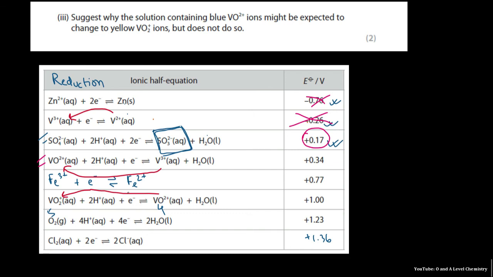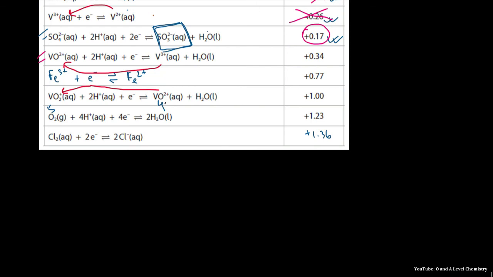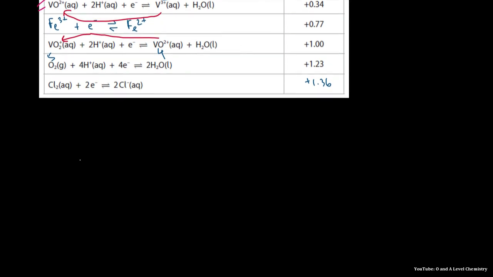Why is it expected to change? We can see. For V4 plus becoming V5 plus, let us write the equation. The VO2 plus. I'm going to avoid writing the state symbols, but you have to write them in your exam.